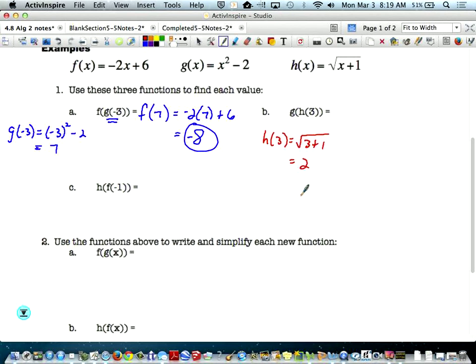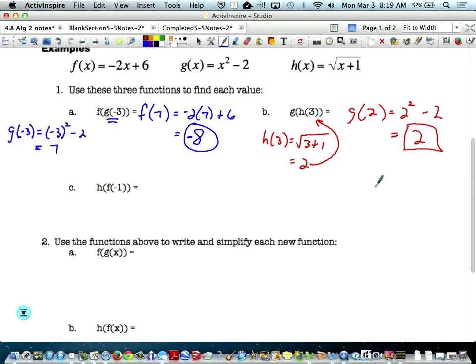Now I'm going to put that back in right there, so what is G of 2? Now we're going 2 squared minus 2, which is 4 minus 2, or 2 for my final answer. Pretty straightforward. Function notation, take your time. Do what's on the inside first, and just start working your way to the outside.